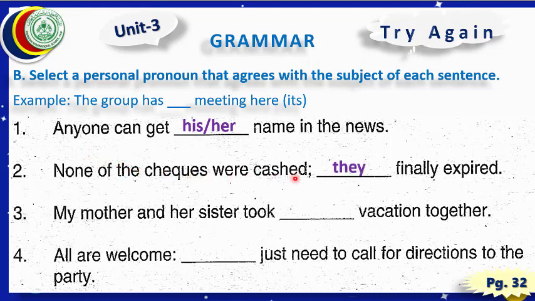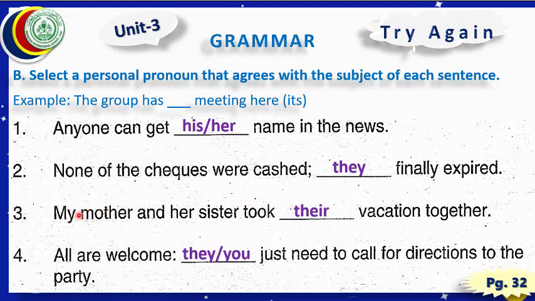None of the checks were cashed. Instead of checks, we can write here they. This they agrees with the subject of this sentence. My mother and her sister took their vacation. It will be here their, because their agrees with the subject.